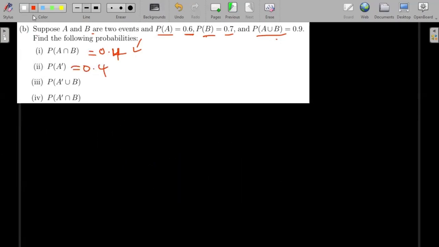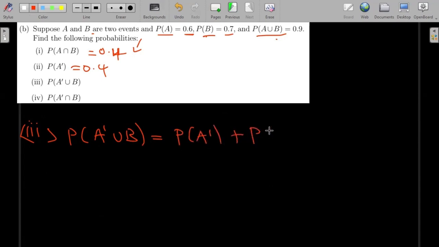We go to C. In C, the third part, we're finding the probability of A complement union B. By the addition rule, this is the same as the probability of A complement plus the probability of B, minus the probability of A complement intersection B. The probability of A complement, we have the 0.4 that we just found.